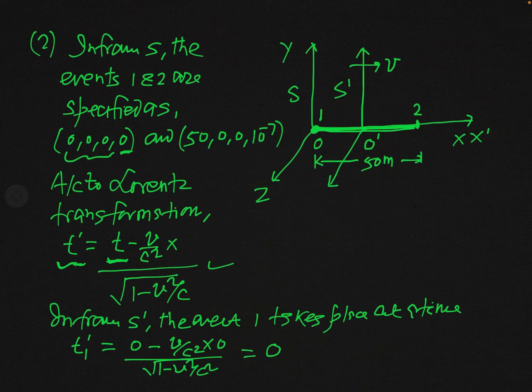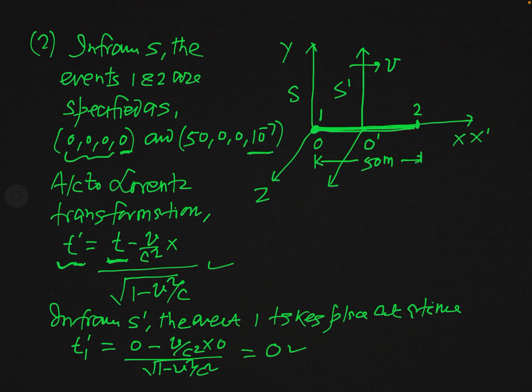So the observer of frame S prime also finds that the event taking place at point 1 takes place at 0 time. Now we will find the time of the second event with respect to frame S prime. You know the second event in frame S takes place at a time 10 to the power minus 7 second.